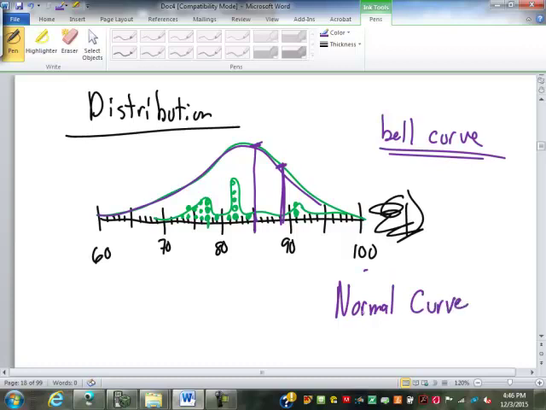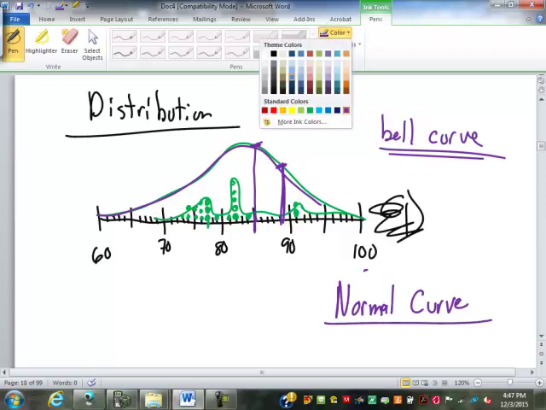Now the term bell curve was put in there because it's shaped like a bell, to kind of give people a visual. Normal curve is the official, formal name of it, and it was called that because in nature, values normally occur like that. Distributions normally look like that.